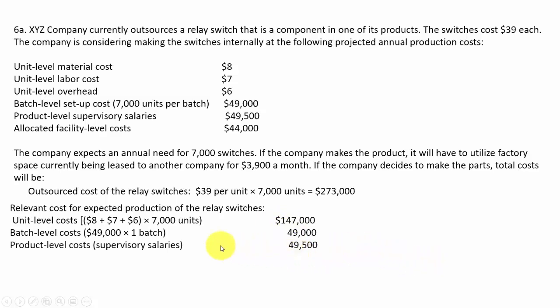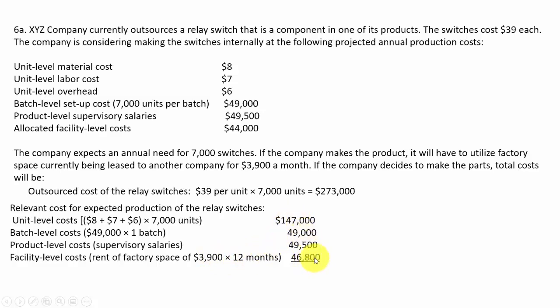And we're also going to have to add a supervisor to watch over this production line, and that's $49,500. And then, when we kick out this tenant that we've got, that's going to cost money, because we're going to lose the opportunity of getting that rent, which is another cost to making this product, which would be $3,900 times 12 months for a year.